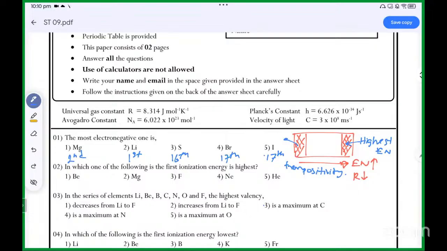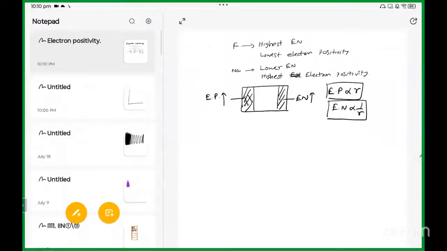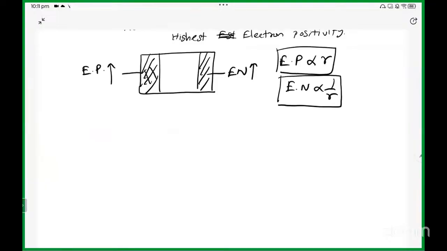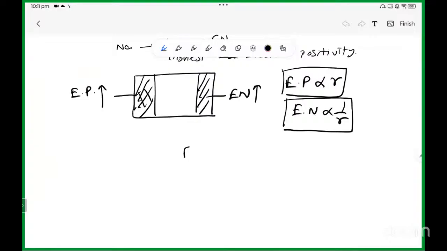Now iodine can be eliminated because iodine has a higher atomic radius, since down the group atomic radius is increasing. If you check the periodic table, the 17th group has fluorine, chlorine, bromine, iodine.